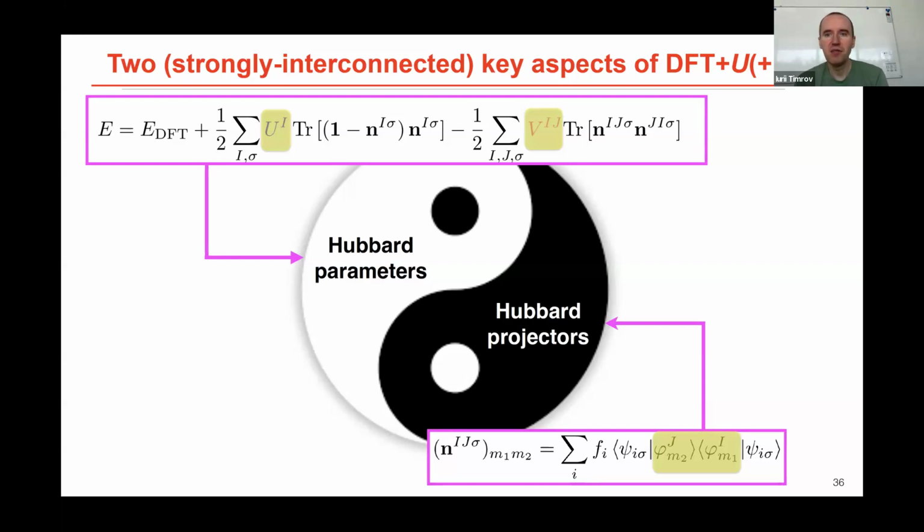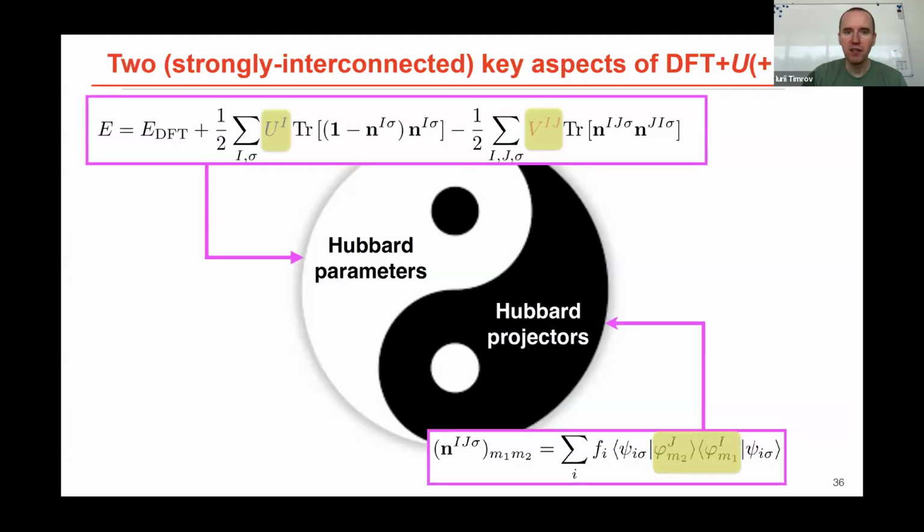In DFT plus U and plus V, it's the same. There is this corrective energy, great, but again we need to decide how to choose Hubbard U and V, and how to choose the projectors or localized basis set. You try to do something, but again you need to choose some parameters or some parameterization of your functional. It creates a lot of headaches and problems, but okay, that's part of life.